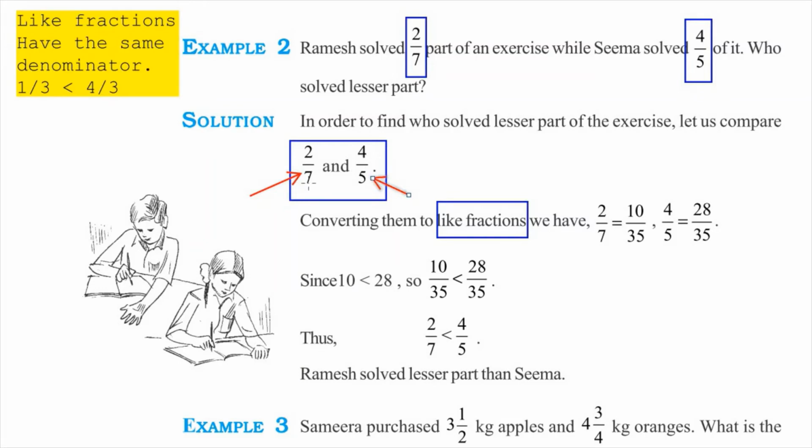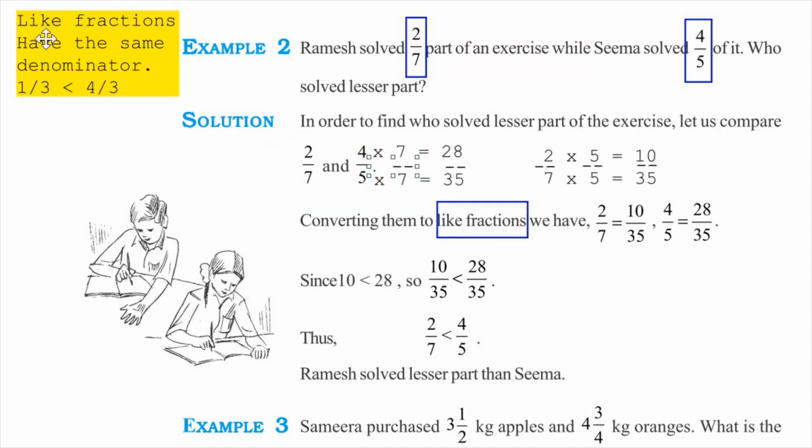And whenever we are multiplying the denominator, we also need to multiply the corresponding numerator with the same number. So we need to multiply 2 and 7 both by 5, and we need to multiply 4 and 5 both by 7. I have just written down the working here for you.